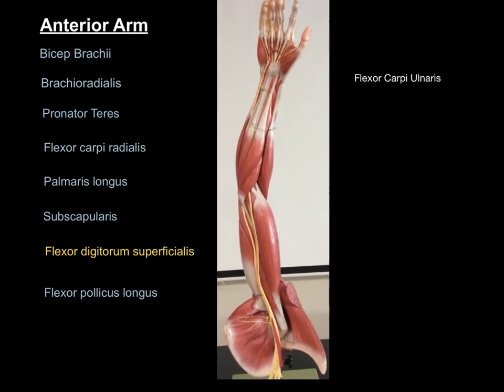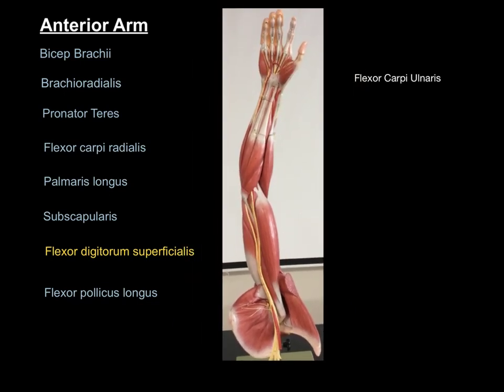So let's take a step back now and take a minute to go ahead and try to label these muscles. So what I'm going to do is just use my pen and use some numbers to go through and try to label the muscles. So we're going to start with number 1 being our subscapularis.